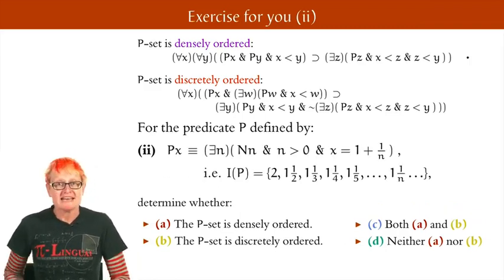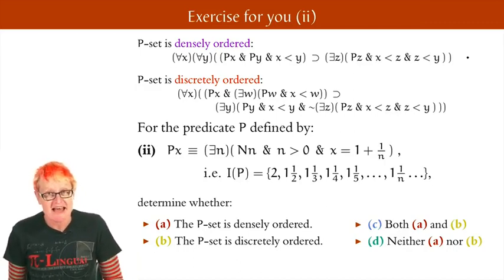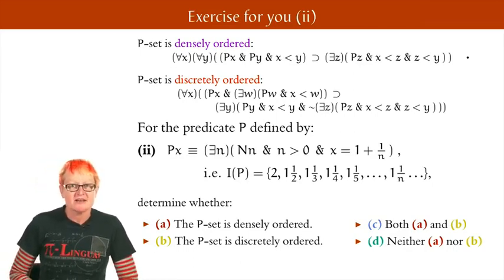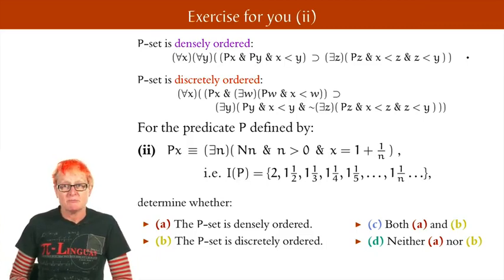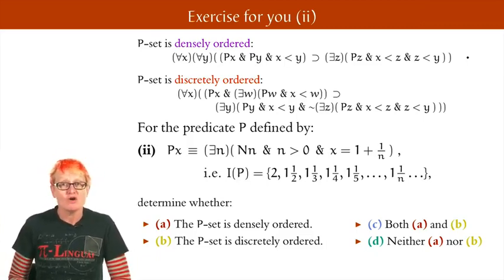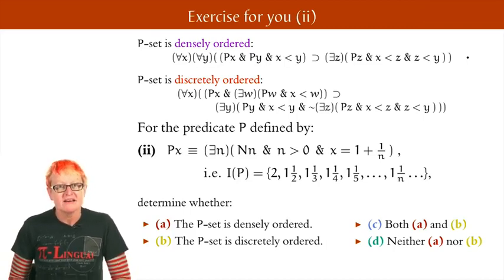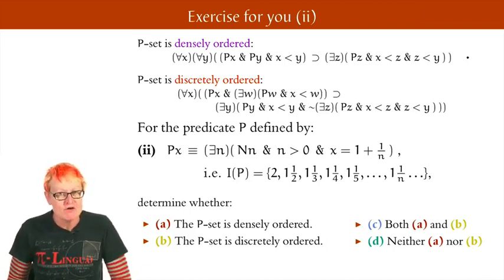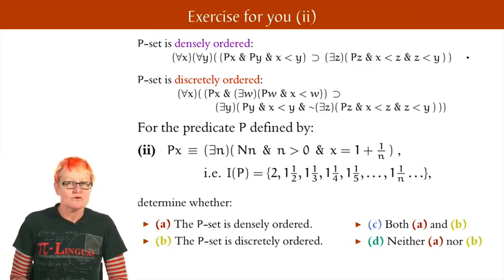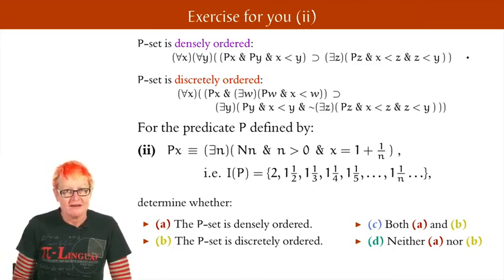You do a second exercise before I come back to discuss the answers. For your second exercise, consider the P set whose one-place predicate P is such that Px holds if and only if there exists a natural number n such that n is greater than 0 and x is equal to 1 plus 1 on n.